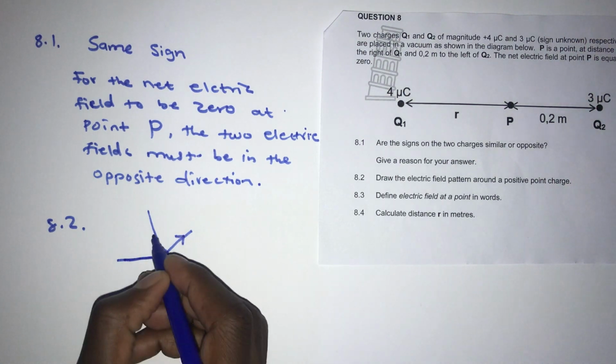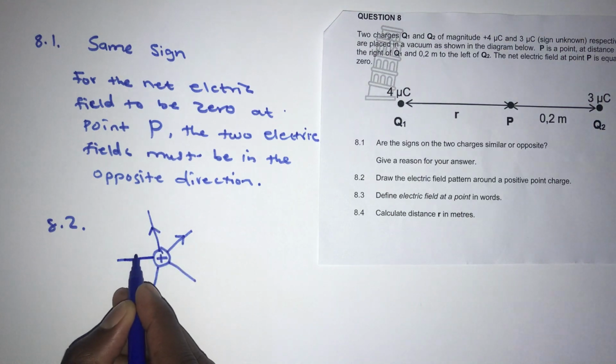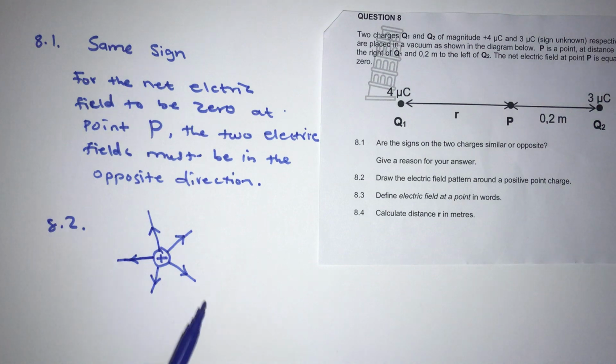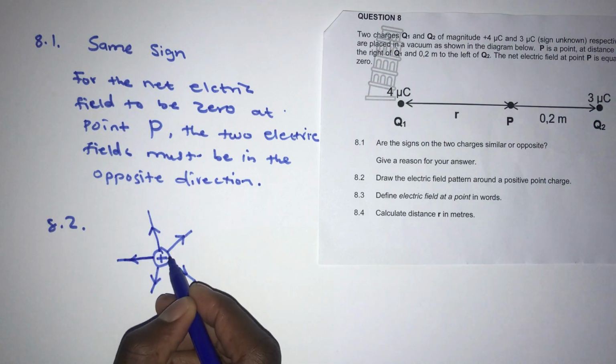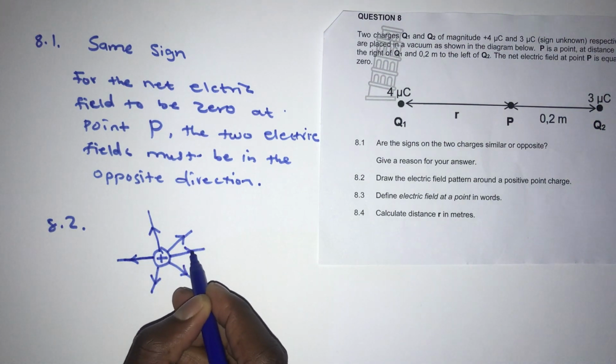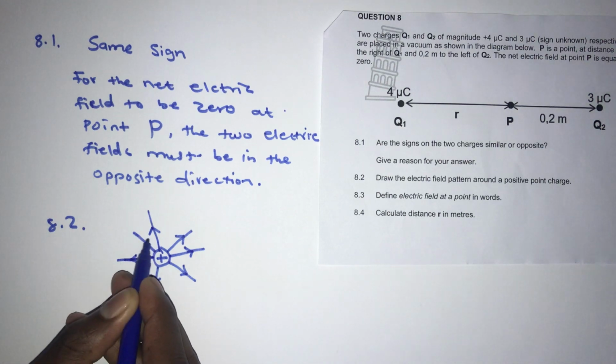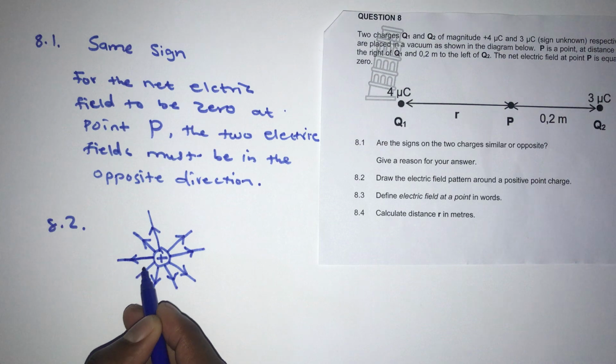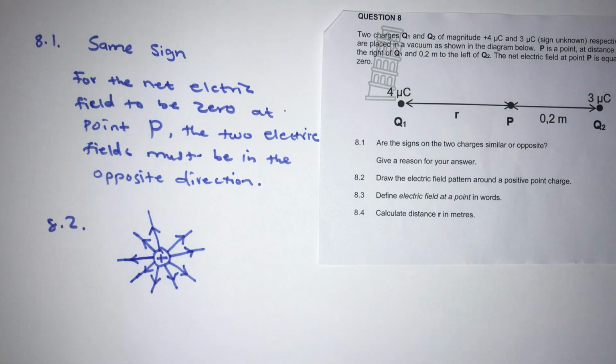So this is what we want to see. The electric field lines point outside, so we can extend, no problem. Make sure all of them point outside. So this is the positive charge. If it was a negative charge, the electric field lines must point inside the charge.